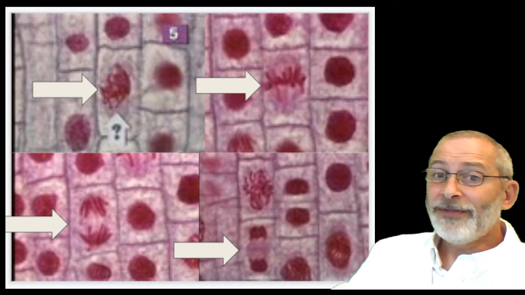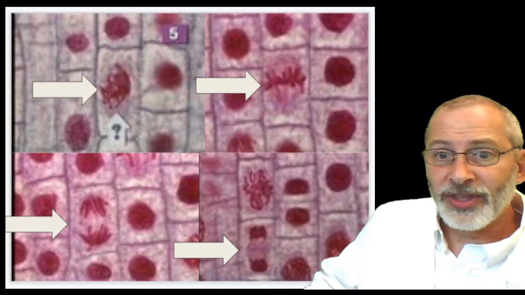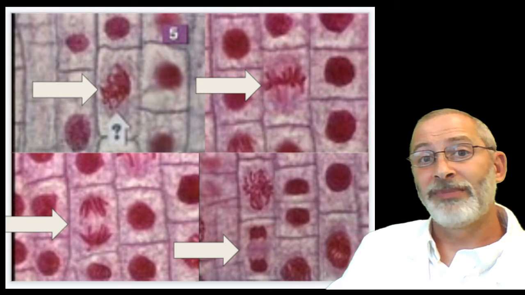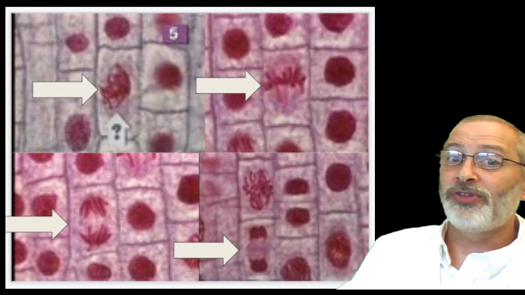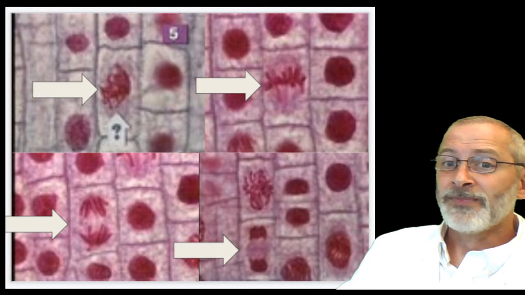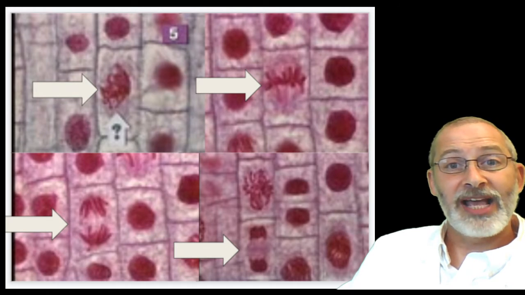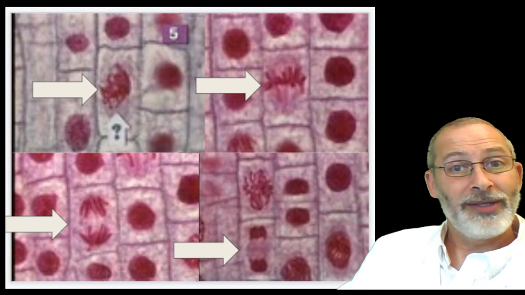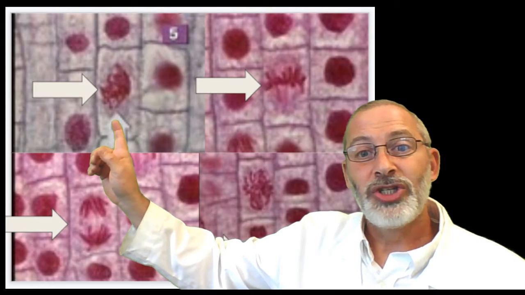All right, hopefully you've had plenty of time to illustrate these four different cells in your book and have made an attempt at identifying what phase of cell division you think was going on. So I am going to point to each of these cells, and I want you to yell out your answer, and then we'll review and see how well you did. So let's start with the first cell example. Just yell it out.